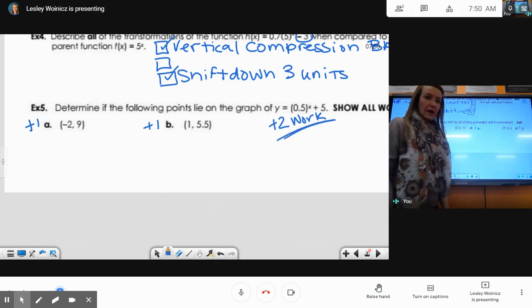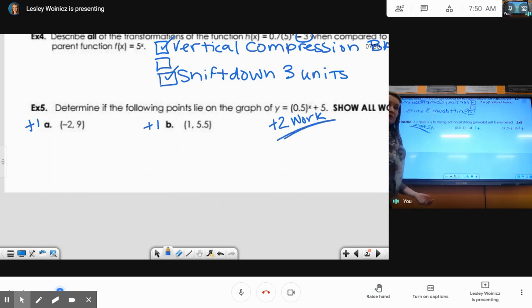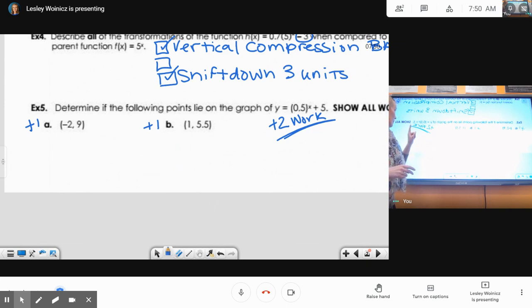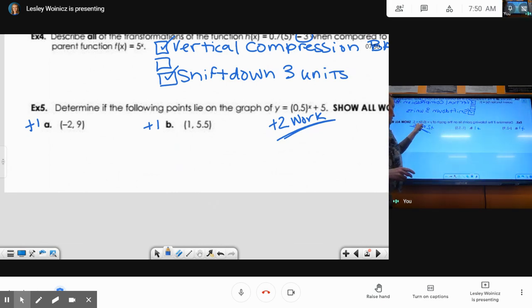So even if we get the right answer, but we don't show any work, we're at a 50%, which is an F. So write down the table, okay? Write it down. So we're going to put this in the calculator, and we're going to see if these points are on that table.